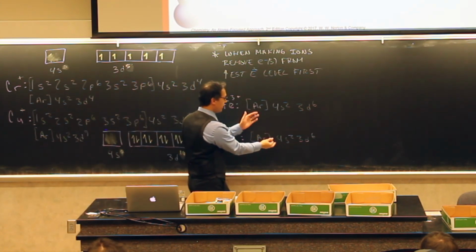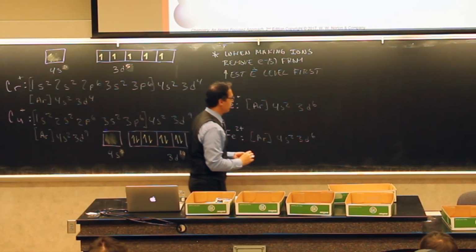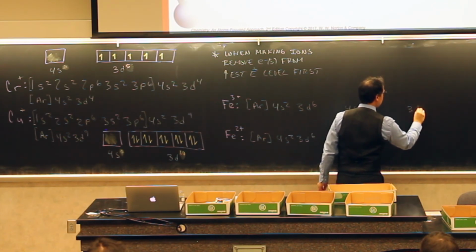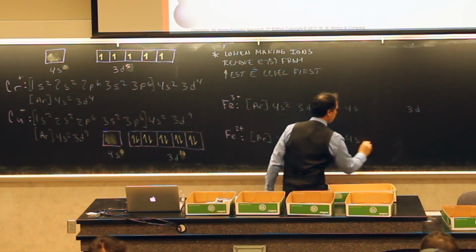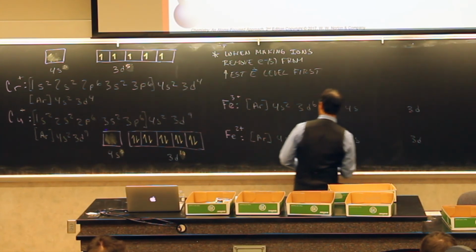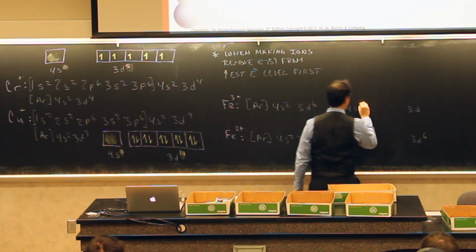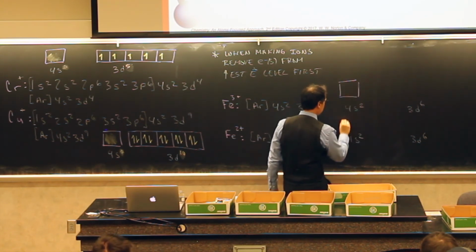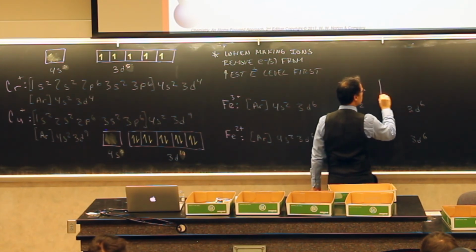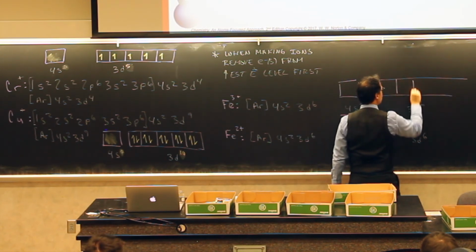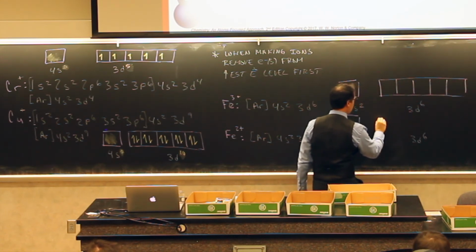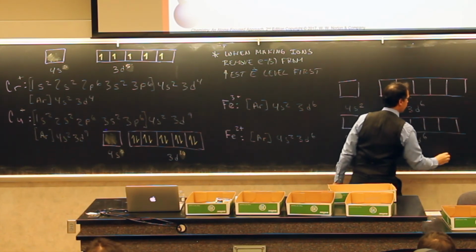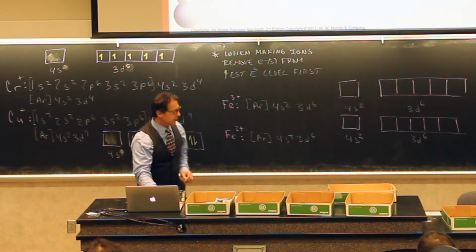So I'm going to do my 4s and then 3d, with a 2 and a 6. And I'm going to make my boxes here like this, 1, 2, 3, 4, 5, and 1, 2, 3, 4, 5. And then I put my arrows in.